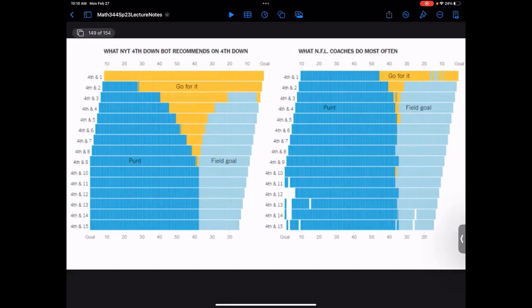If I go for it on fourth down, what do I expect the outcome of the drive will be? Well, I could hopefully get a touchdown. If not, maybe later I'll have an easier field goal attempt than what I have now. Or I might get stopped, but maybe I drive the ball further. And what's the advantage of driving the ball further, even if you don't get any points?